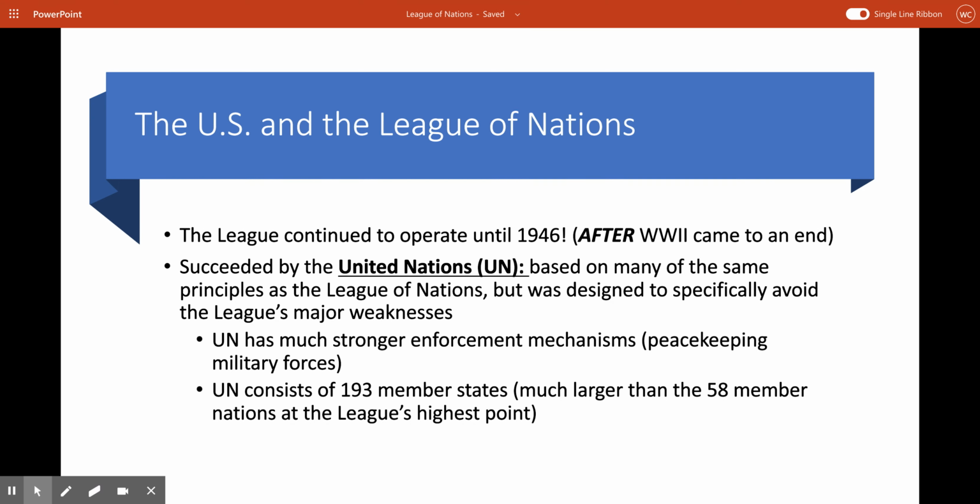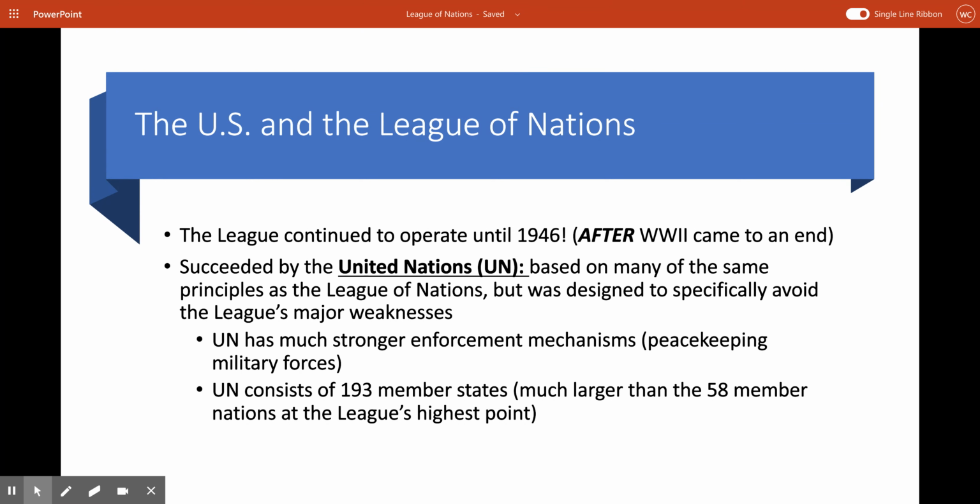So by 1946, the Allied powers had already begun to discuss the creation of a new successor organization called the United Nations. And the United Nations still is in existence today, and it was based on many of the same principles as the League of Nations, but it was designed specifically to avoid the League of Nations' major weaknesses that I mentioned earlier.